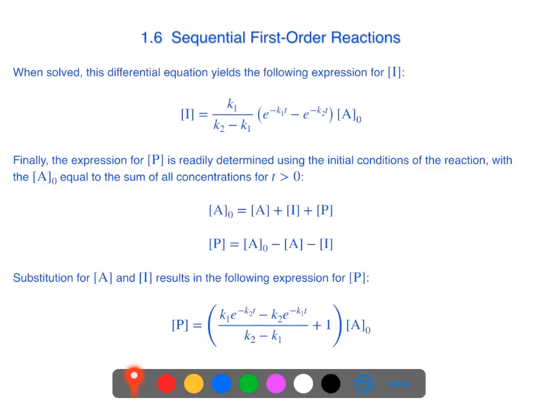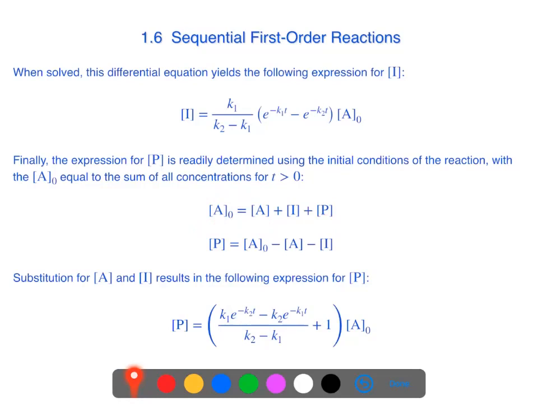So like we saw previously in some of our integration for other intermediate rate laws, the concentration of A initially will always be equal to the sum of the concentration of A, I, and P. So this is, again, your mass balance, if you will, in a sense.